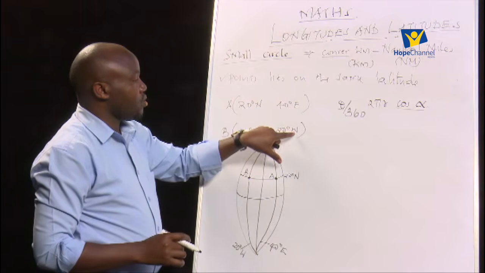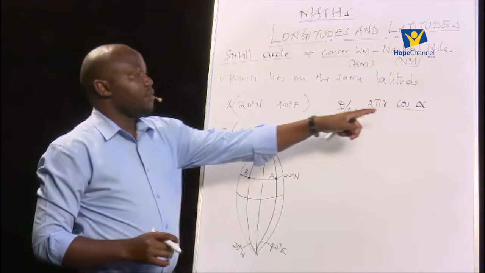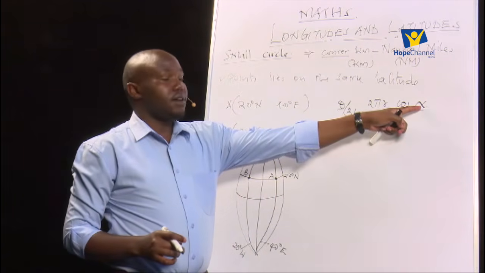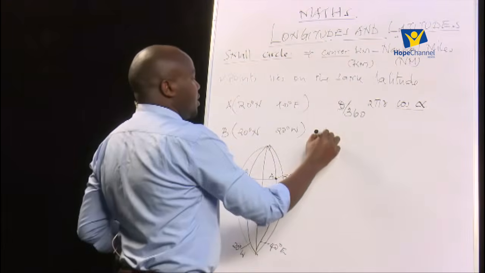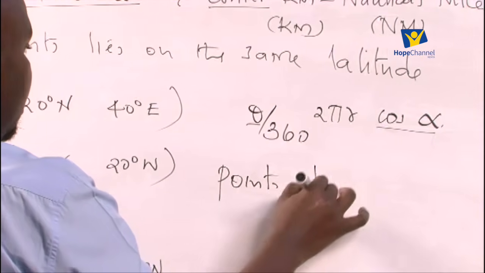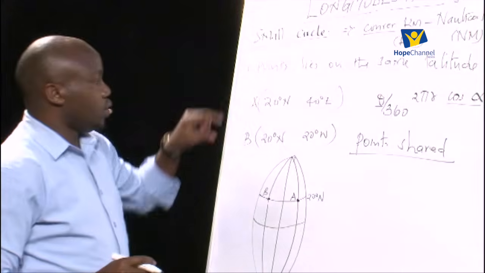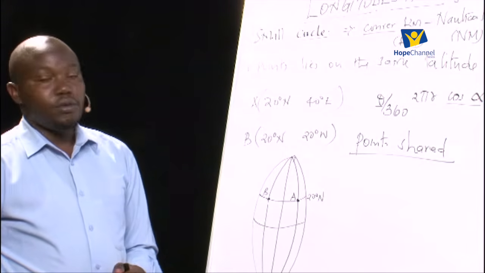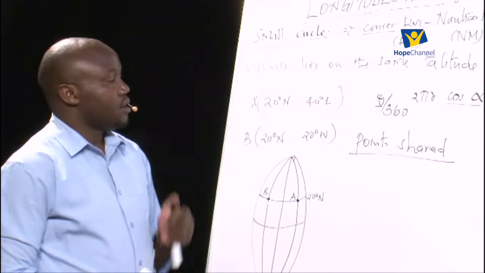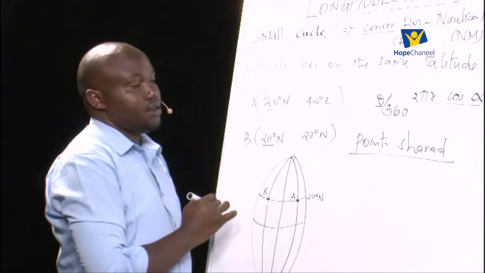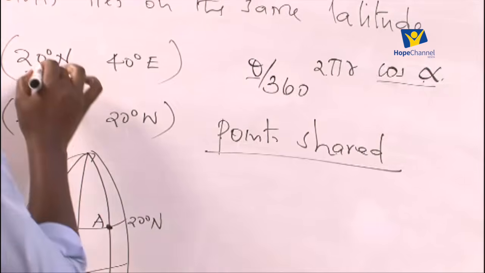This is east, this is west, so we add. But to get alpha, you get the point shared between A and B. Which point do they share? They share 20 degrees. So your alpha will be 20.